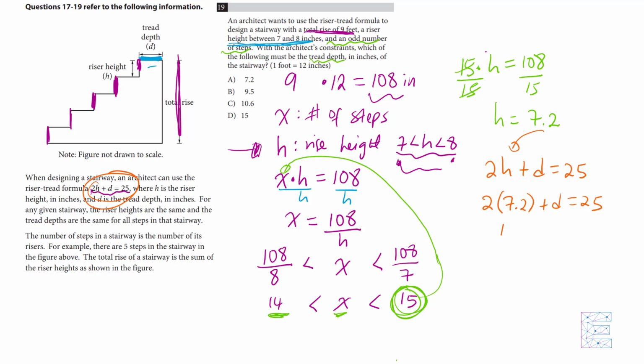When you do the math here, you end up with 14.4 plus d equals 25. And all that's left to do is subtract 14.4 from each side as shown. Of course, you can use a calculator, so you'll find that the answer is 10.6 inches, which makes C the answer to this question.